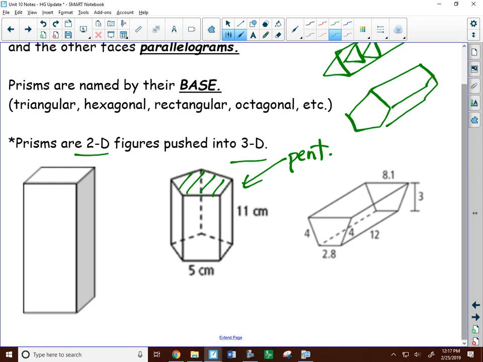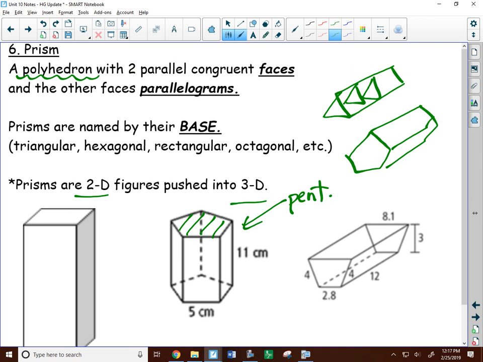the parallel congruent faces. So let me go back up to this now. Prism: 2 parallel congruent faces. All the other faces are parallelograms. So like this pentagonal prism, there were the parallel faces, and they're congruent as well.